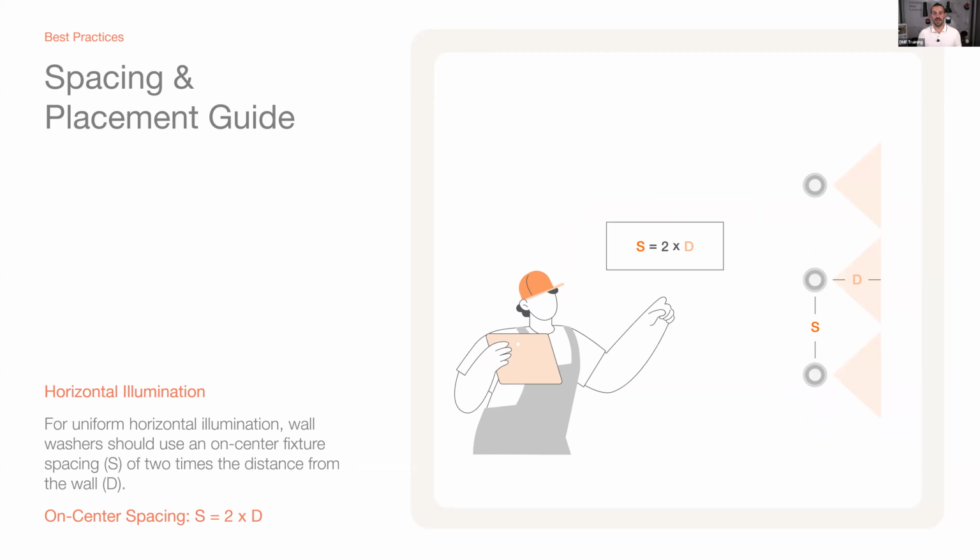The next spacing guideline, of course, is going to be your horizontal spacing or your on-center spacing. We've seen really great performance, especially with the wider beam angle of the general ambient, with spacing up to 2 times your setback distance. If you're looking for either a higher intensity or you have a really critical application, a really reflective surface, you might consider going down to 1.5 or even 1 times your setback spacing.